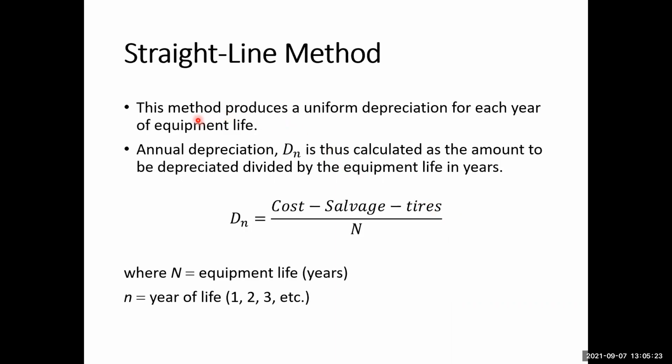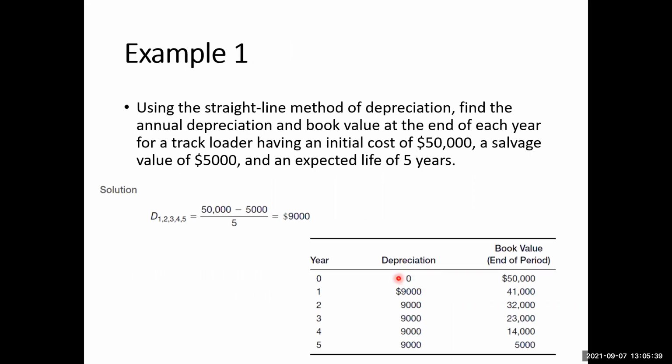The straight line depreciation method assumes that the value of the equipment decreases uniformly over the period of time. As an example, say an equipment costs $50,000 now, and its salvage value is $5,000, that means we estimate that after 5 years of its expected life, it can be sold for $5,000.